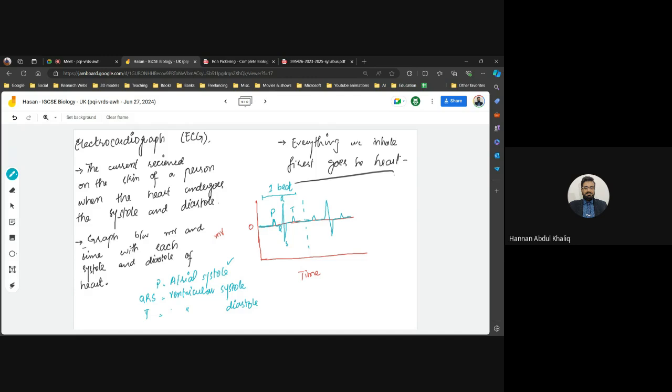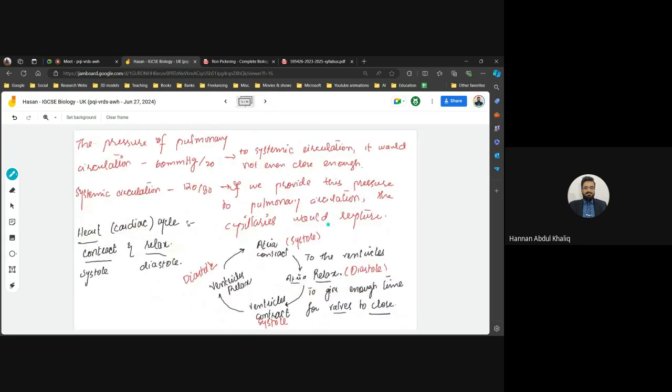So these different currents you'll be getting. If you plot it on the cardiac cycle, the atrial systole is P, then this is QRS, and then this one is T. So these are the different readings you'll be getting on the ECG.